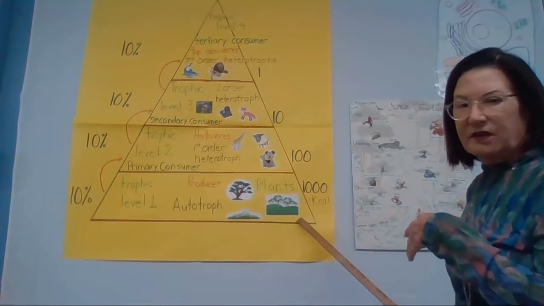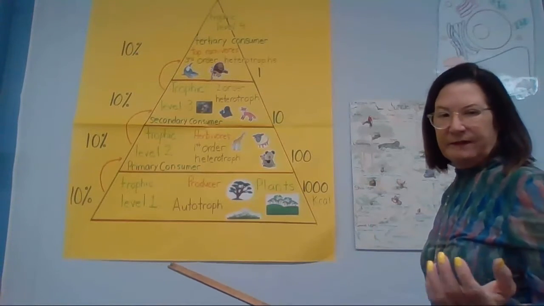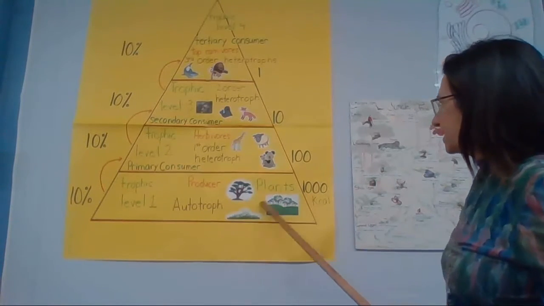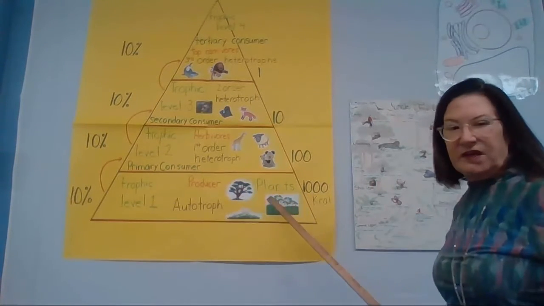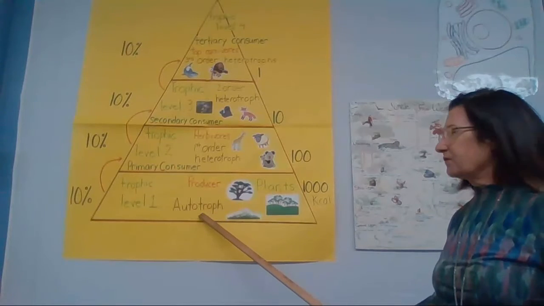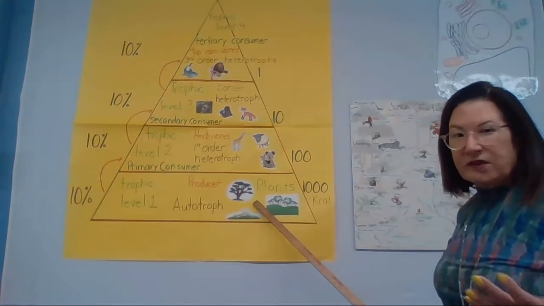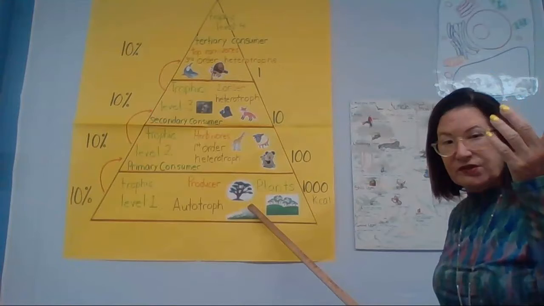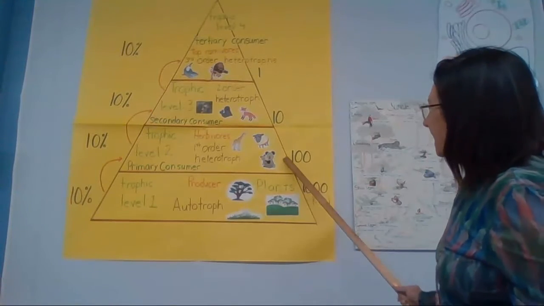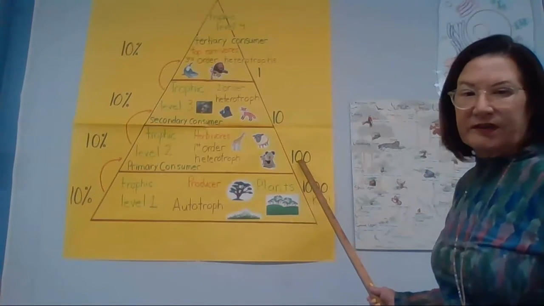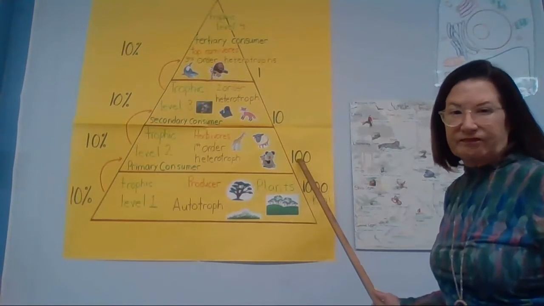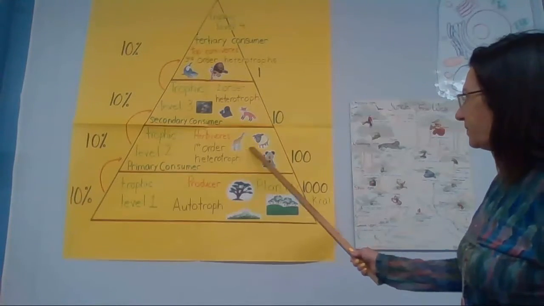It's just telling you the amount of energy. So if I have 1,000 kilocalories in my trophic level 1 with my producers, and I know only 10% of it is going to move up, it would now be 100 kilocalories. Okay, because only 10% moved up.